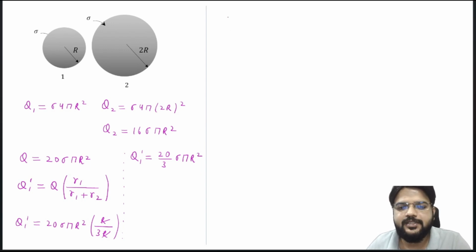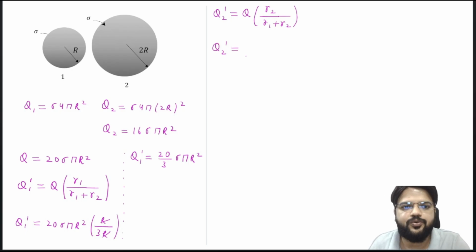Now, what is Q2 dash, everyone? Q2 dash equals the total charge times R2 divided by R1 plus R2. This formula also we know, correct? So from here we get Q2 dash is equal to Q. Total charge is how much, everyone? It is 20 sigma pi r square. What is the value of R2?